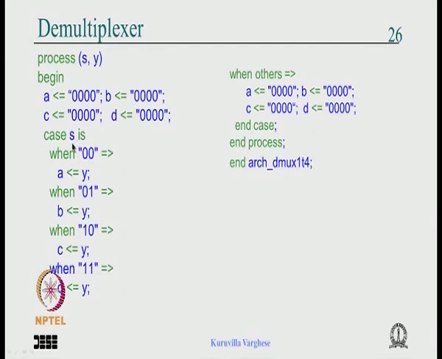Suppose S is 0 0, then A gets Y, and since it is at the same simulation time, we had an assignment at 100 plus delta, A as 0, but that will be replaced by this A gets Y. So it works properly. Mind you, all this game of delta cycle is for the simulator, but the synthesis tool definitely looks at the whole statement.